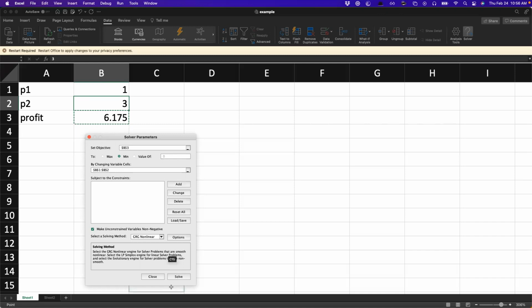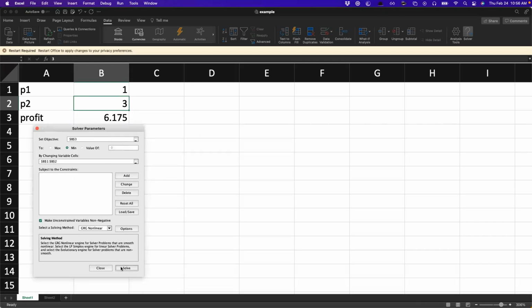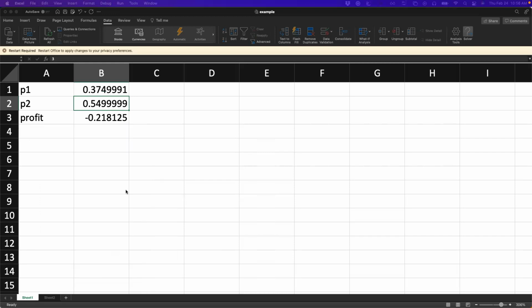If it will work, maybe. Okay, great. And so I end up with a value of 0.375 and 0.55, which is what we had solved for originally.